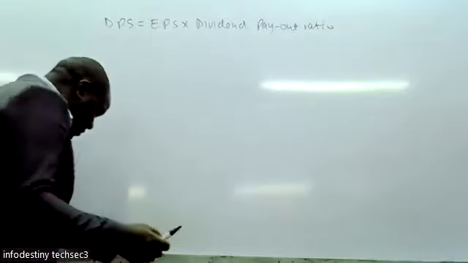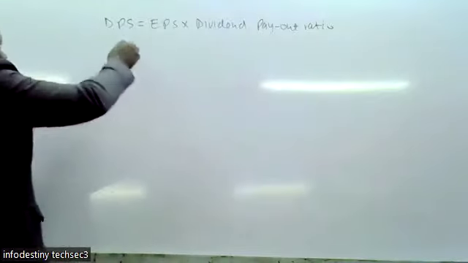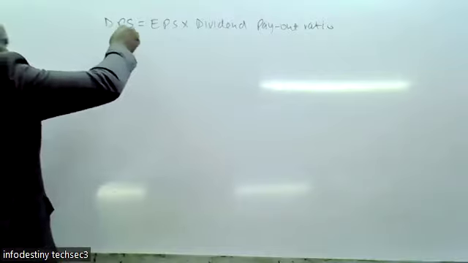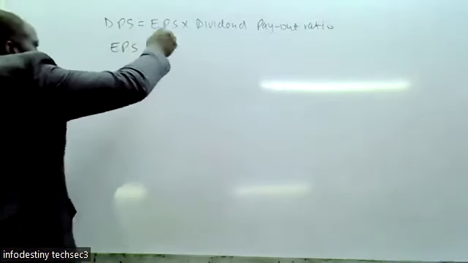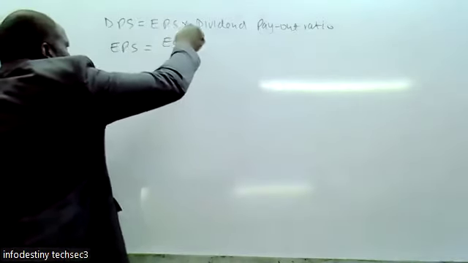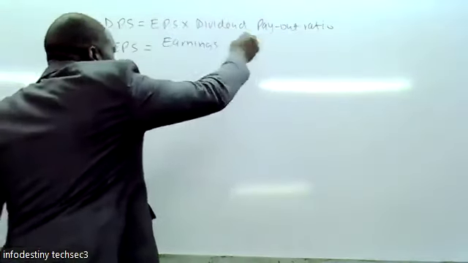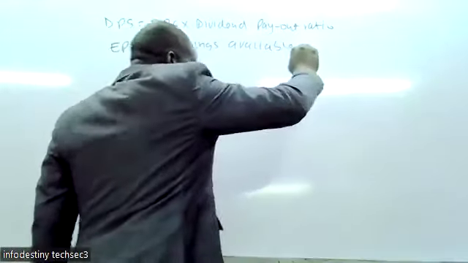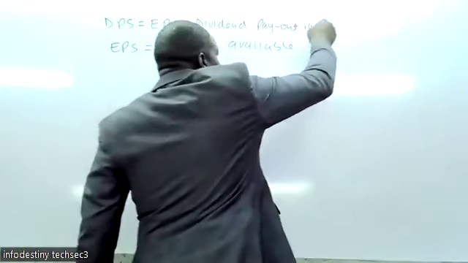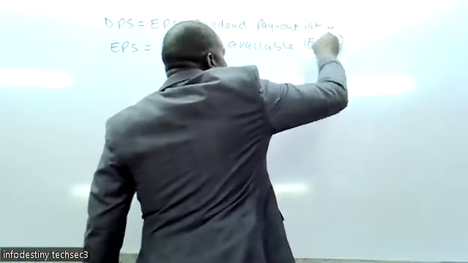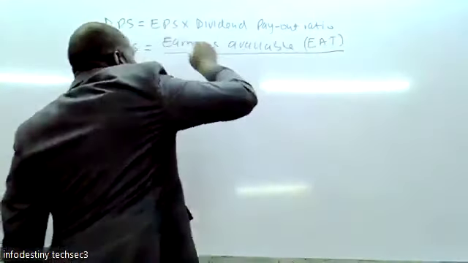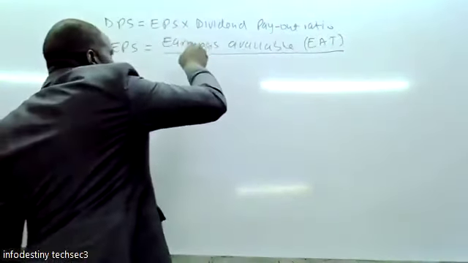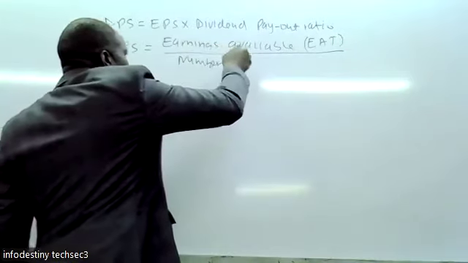Then to compute the earning per share, you simply get the earnings available. So earnings available is the same as earnings after tax. Then we divide by the number of the ordinary shares.